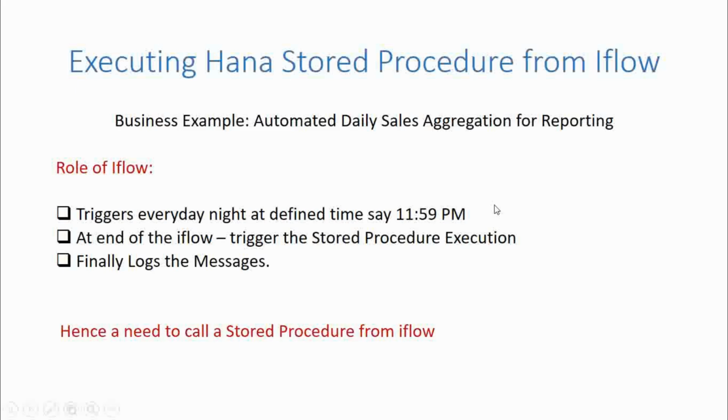We cannot define a job, because we are not sure at what time the data is completed, right? So we have to club the execution of the stored procedure along with the integration process. So in our iFlow, when the data is pulled, the integration flow itself has to trigger the stored procedure. Okay, this is the exact situation we are going to have, and how to do that we will see.